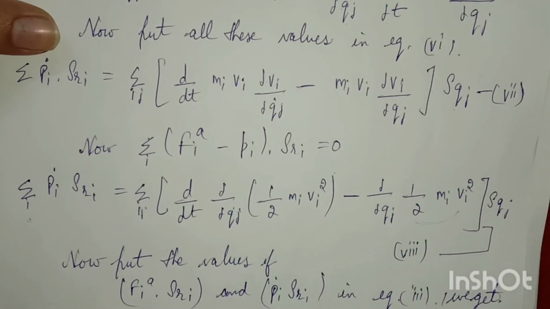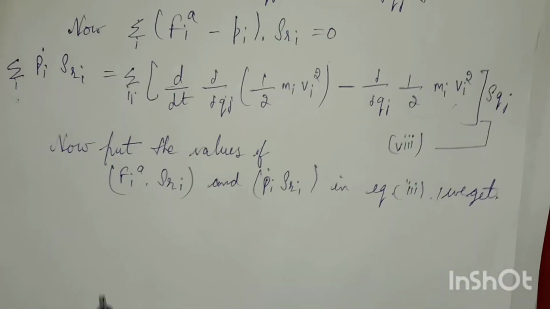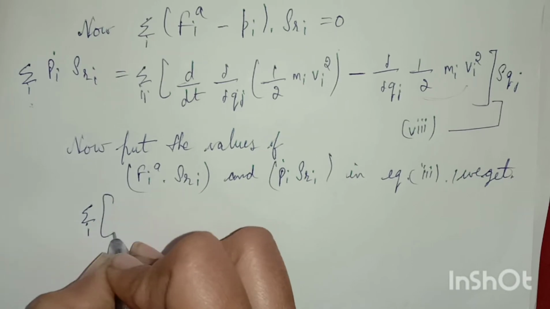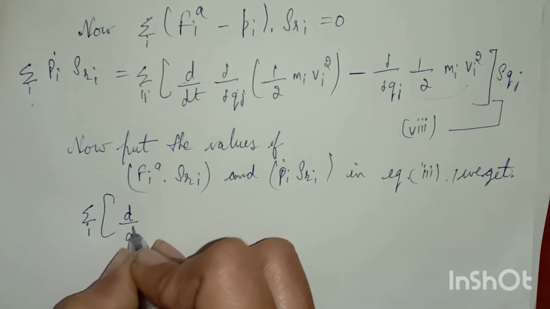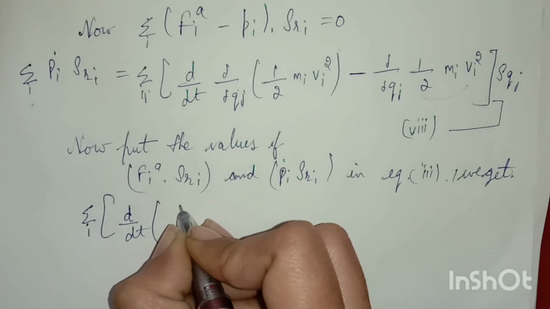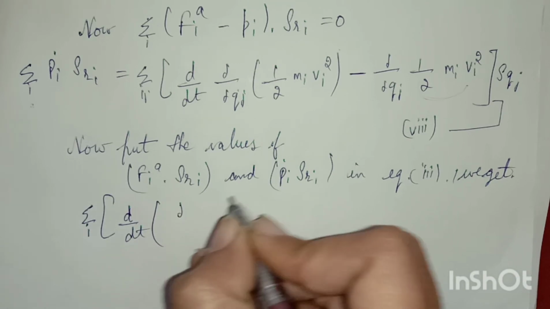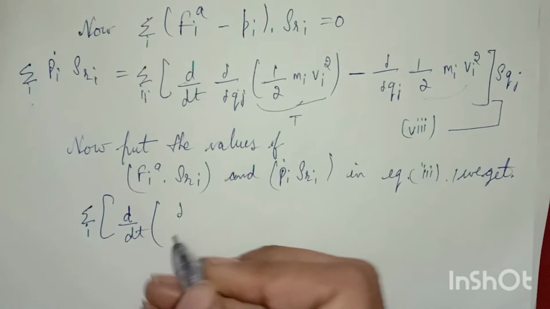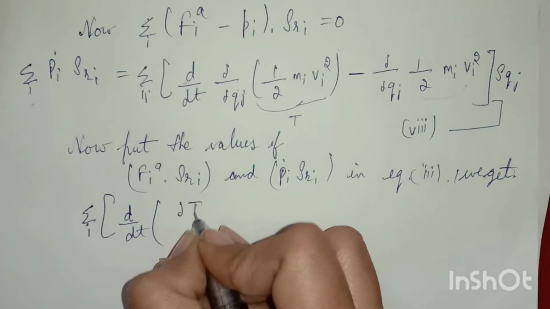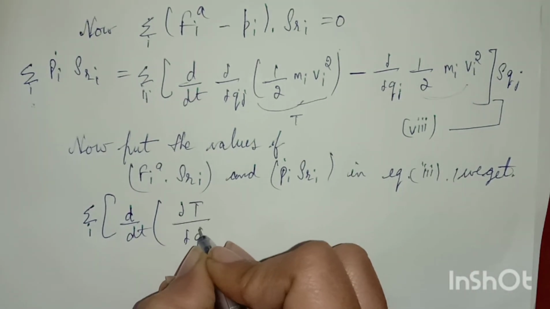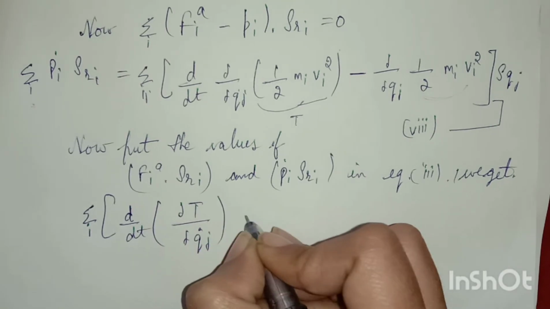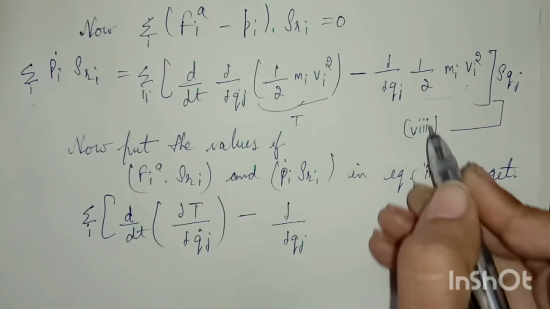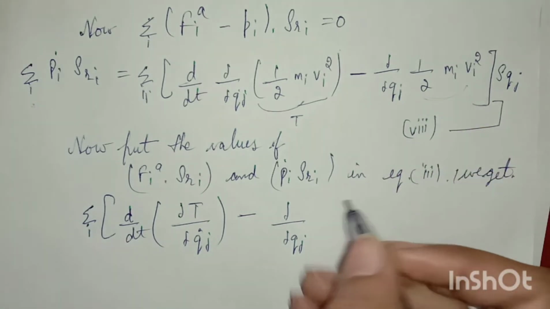So we get the summation over i, j of d/dt ∂/∂q̇_j, and all this is equal to T. So we can write ∂T/∂q̇_j, bracket close, minus ∂T/∂q_j, and this whole will become T, which is our kinetic energy.